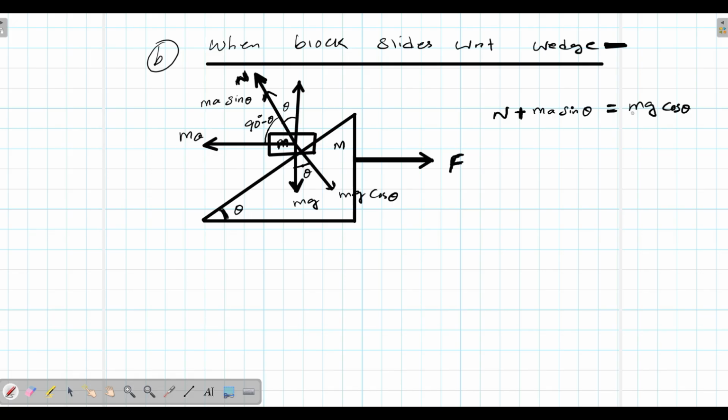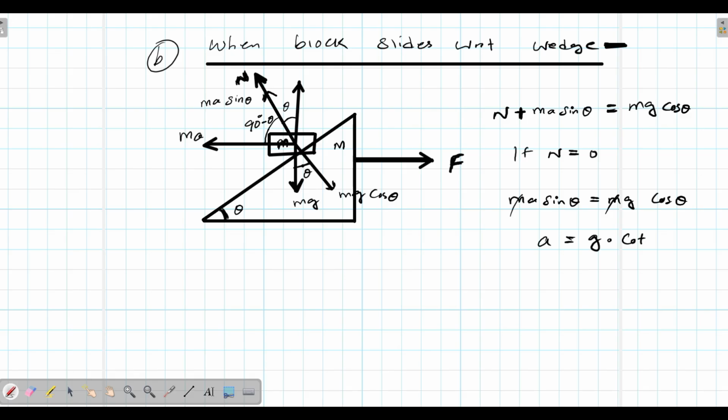So if N equals 0, if the normal reaction equals 0, ma sin theta equals mg cos theta. So a equals g cos theta by sin theta, which is cot theta.